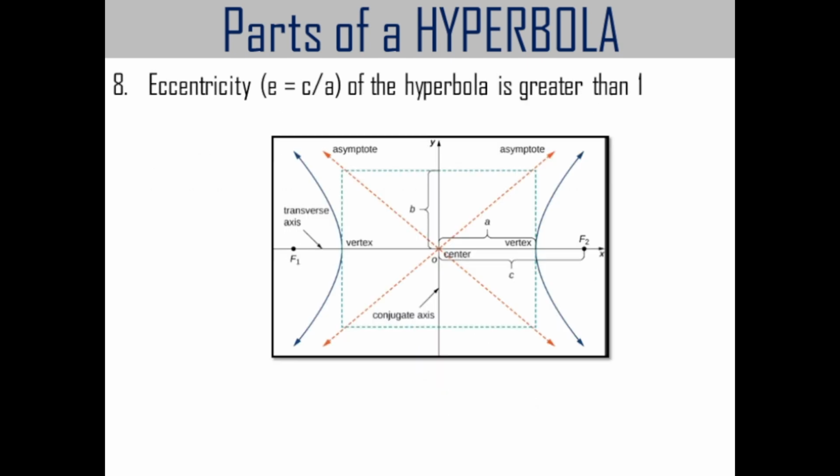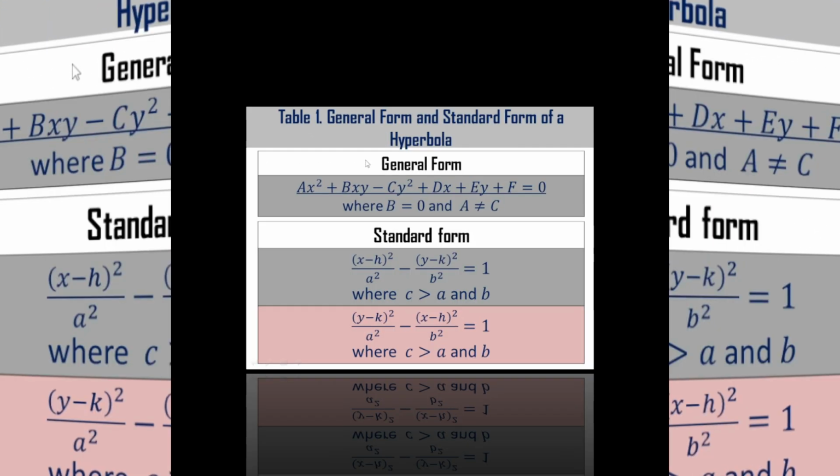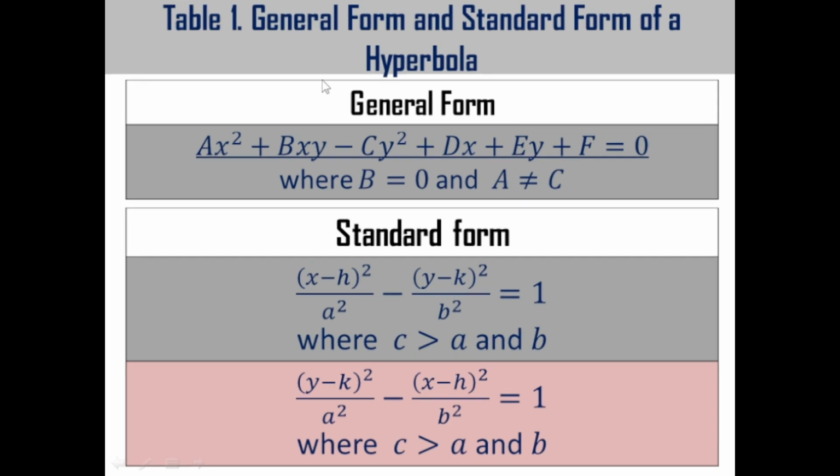Pang-8, eccentricity. So, that is E equal to C over A of the hyperbola, which is greater than 1. Okay? So, yun po yung formula and the parts ng ating hyperbola. Okay, this time, let's have the general form and standard form of hyperbola.